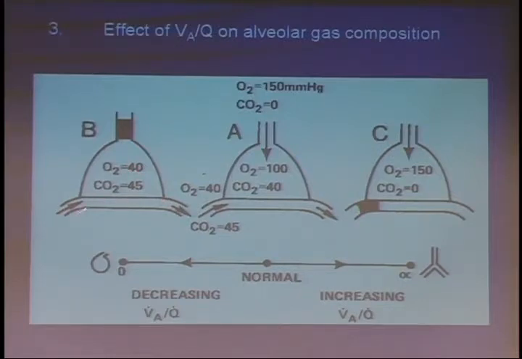So this lung unit constitutes a shunt. It's just shunting venous blood over into the arterial side and contributing oxygen at a very low concentration. So neither this lung unit with a ventilation-perfusion ratio of 0, nor this one with a ratio approaching infinity would do you any good in helping keep up the oxygen level in arterial blood.